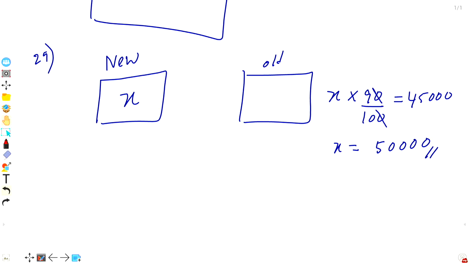So this is the answer to this question, but the answers are incorrect here. Your answer is correct if X is 45,000. If X is 40,000, the answer is correct.